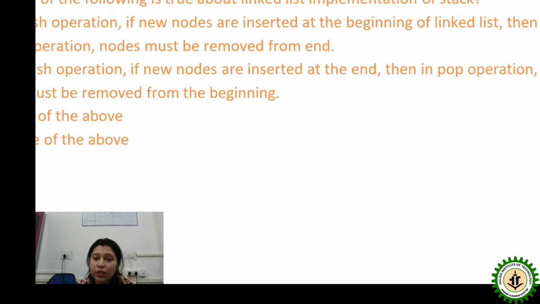Here we are following the rule LIFO, last in, first out. So in push operation, if new nodes are inserted at the end, then the pop operation must remove from the beginning. That means none of the above. Is that clear to you?